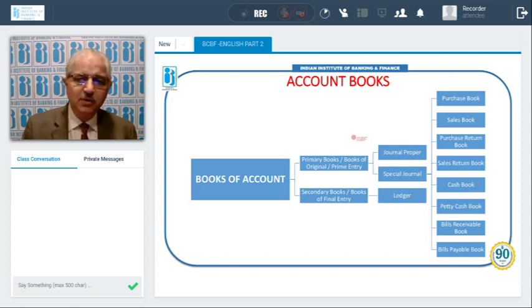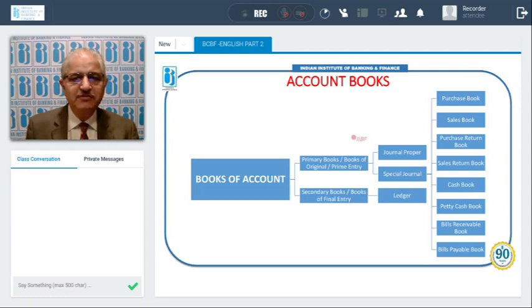So the purchase book will contain credit purchases from X, Y, Z, A, B, C, whatever. When you are posting that particular transaction, the total of purchases for that particular day is posted as a single entry.